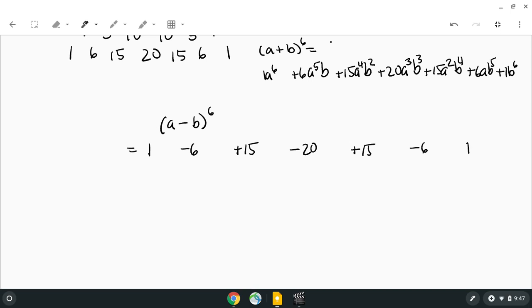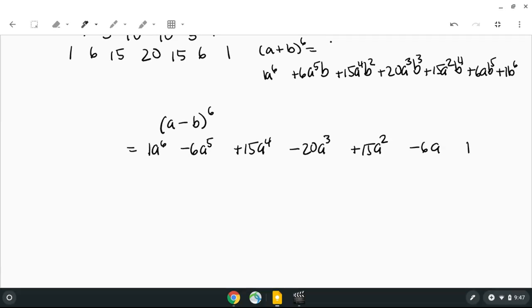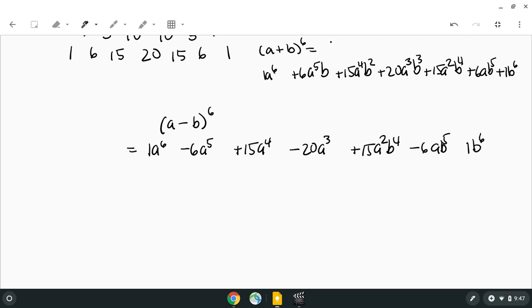That's the only thing that's different when you have subtraction. Everything else is the same. A to the 6, 5, 4, 3, 2, and 1, and then b starts over here, b to the 6, 5, 4, 3, 2, and 1.